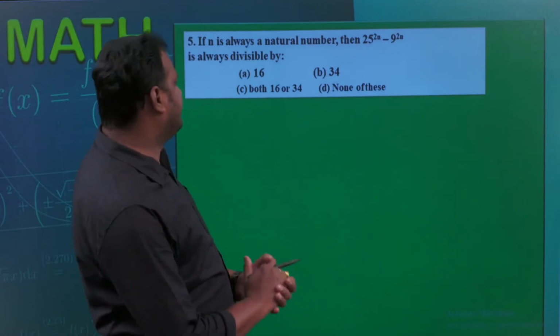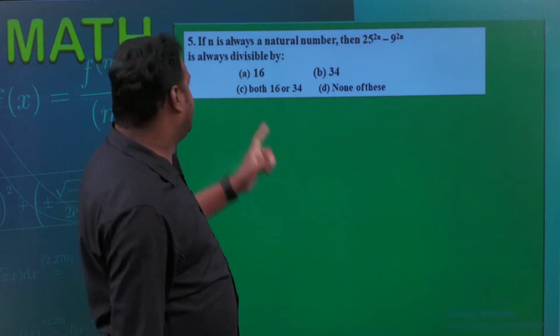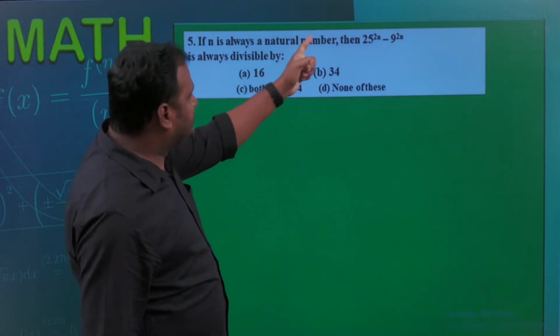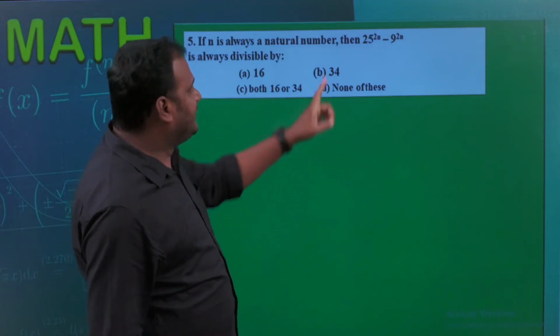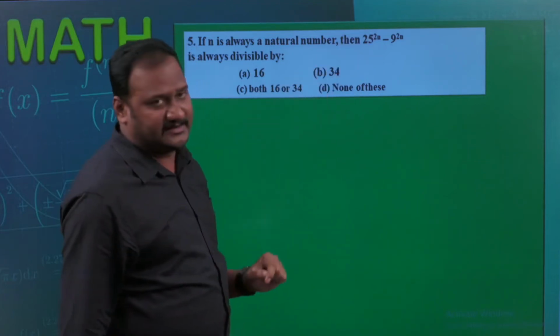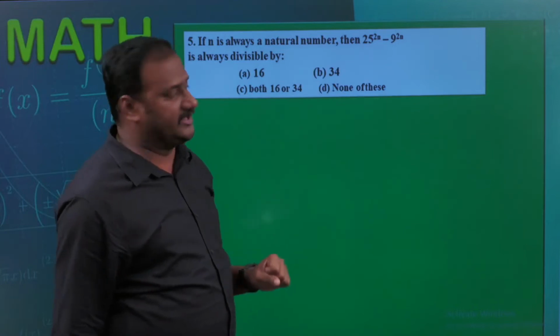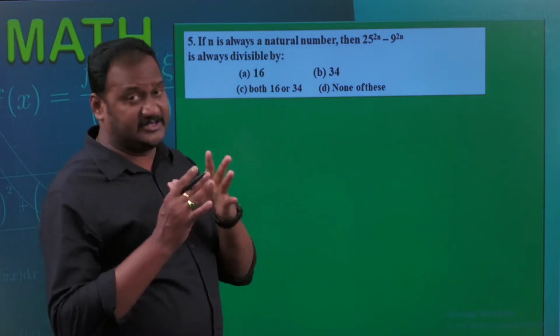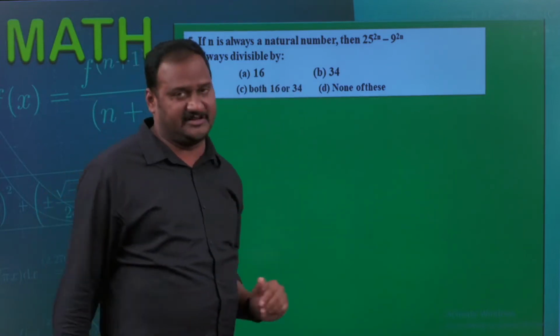Here the next problem is quite interesting. If n is always a natural number, then 25 to the power of 2n minus 9 to the power of 2n is always divisible by which of the numbers?